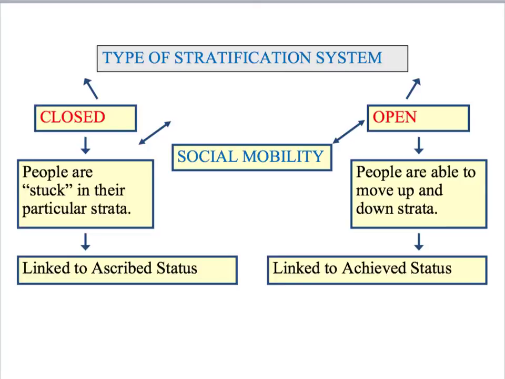At the other extreme we've got more open forms of stratification where things are much more fluid, where people are able to move up and down the different levels. This term that you'll come across a lot in sociology, social mobility, describes the amount of movement that is going on within a stratification system.